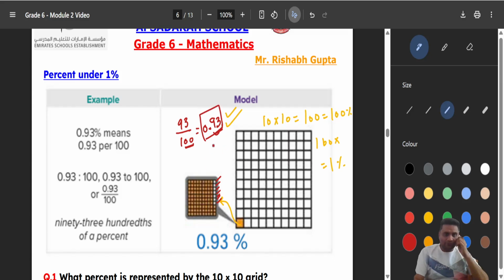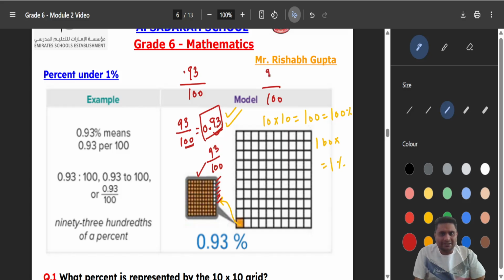So in totality what will I say? 0.93 boxes are filled out of total how many boxes? 100 boxes. Let me explain it again. There are total 100 boxes, yes or no? Out of 100 boxes, we do not even have one complete box. This one box is also divided into 100 parts, and out of 100 parts only 93 are filled.